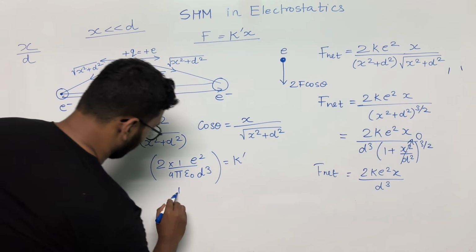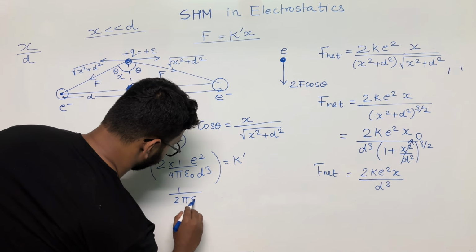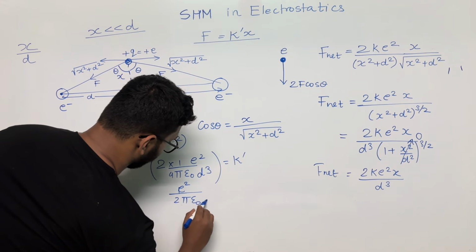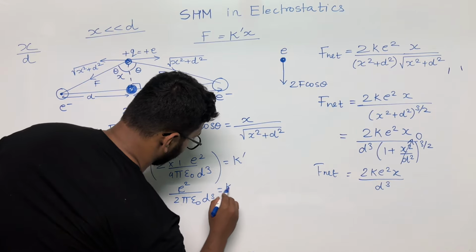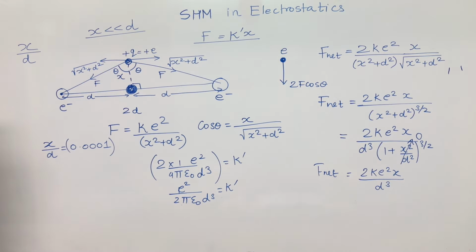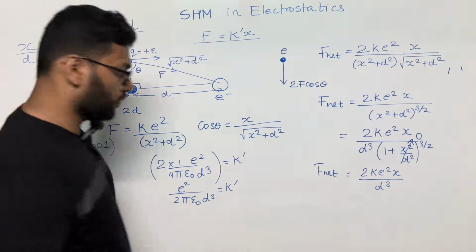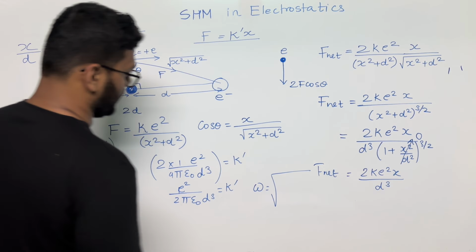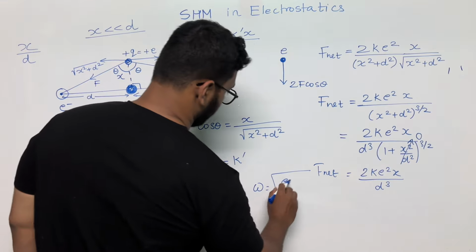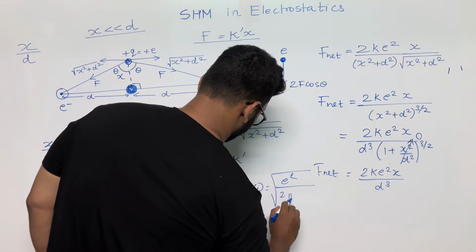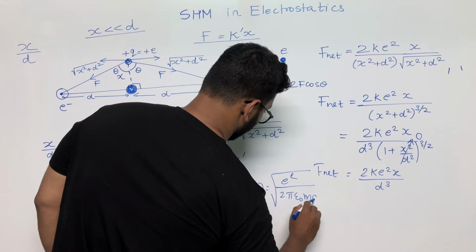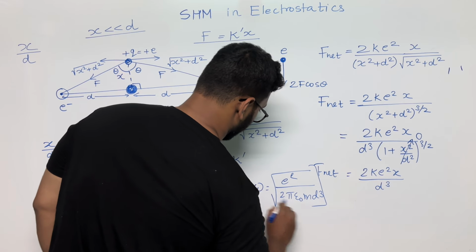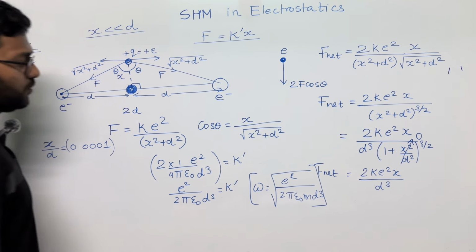So this will be 1 upon 2 pi epsilon naught, e square divided by d cube, that is k dash. But now what is omega? Omega is nothing but square root of k by m, so omega is equal to square root of k dash by m. What is k dash? e square upon 2 pi epsilon naught m d cube, where m is the mass of that proton. So this is going to be your answer.